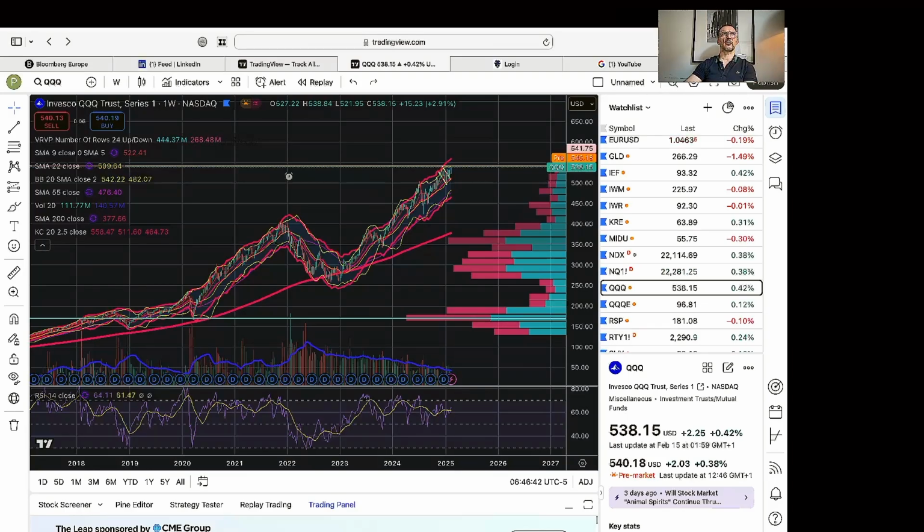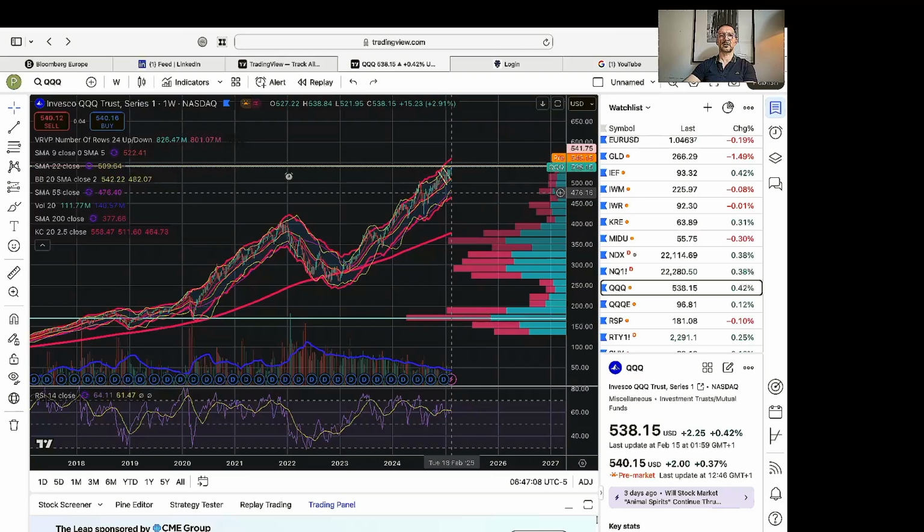So the critical levels to watch are 520, 500, 480, and 450. Okay, 520, that's the one we already tested. 500, that's the one we tested already. 480 is about here.